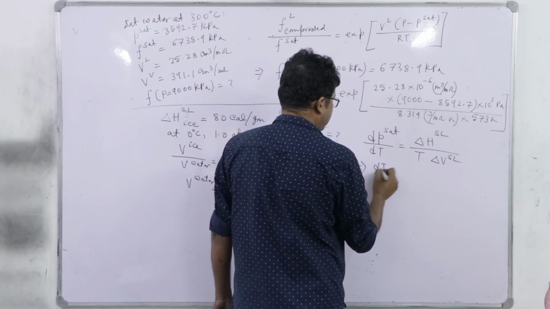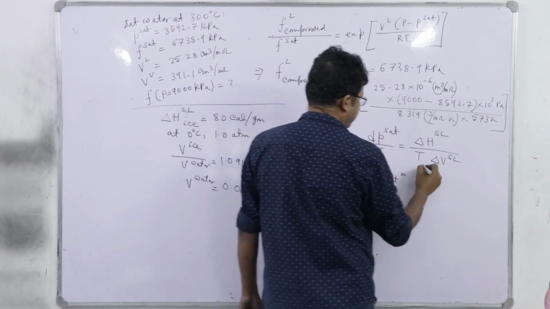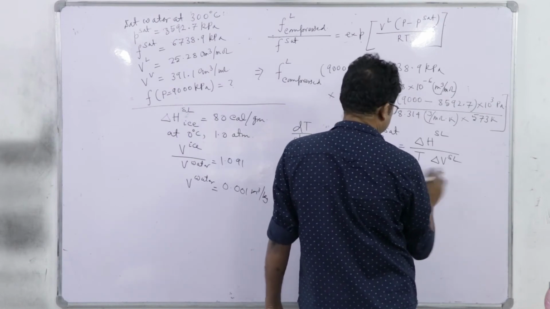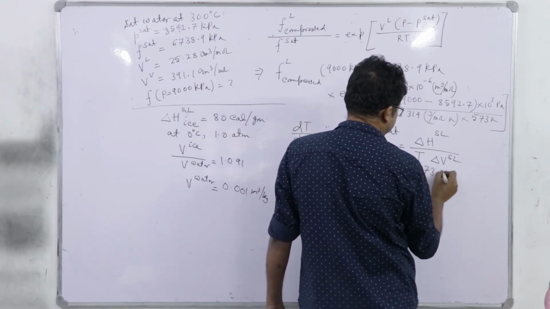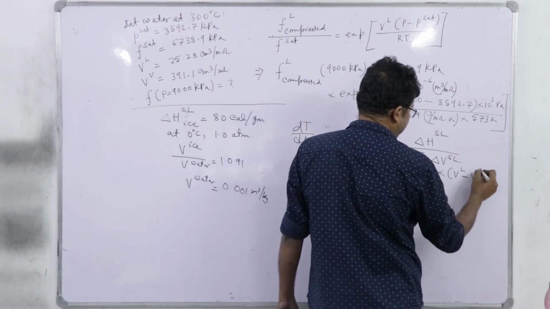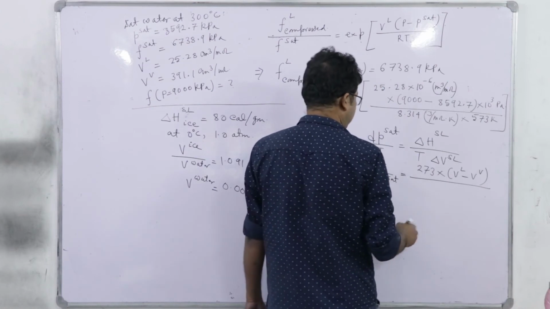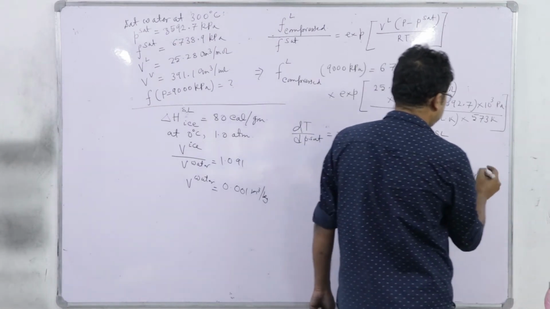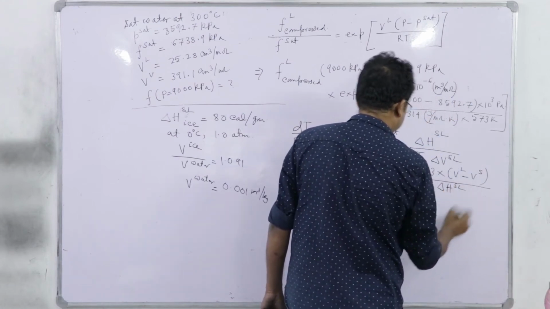So, dT dP sat is T or Tsat, 273, into delta VSL, which will be VL minus VS, because the final state is liquid, the initial state is solid, divided by delta H SL.